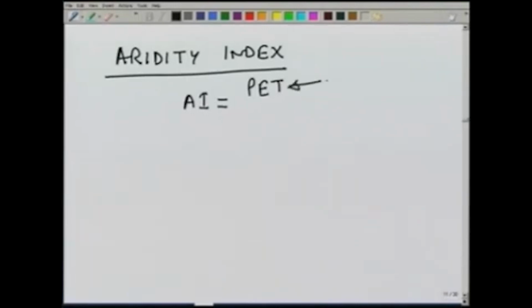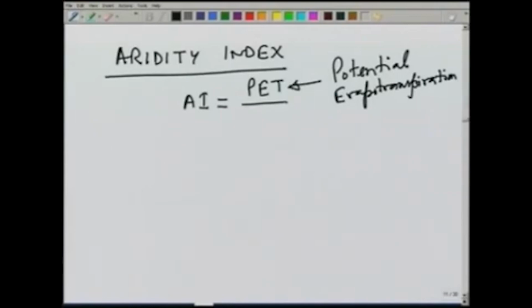This is the potential evapotranspiration. If water is available in abundance, then this would be the rate of evapotranspiration. And we divide it by the rainfall.